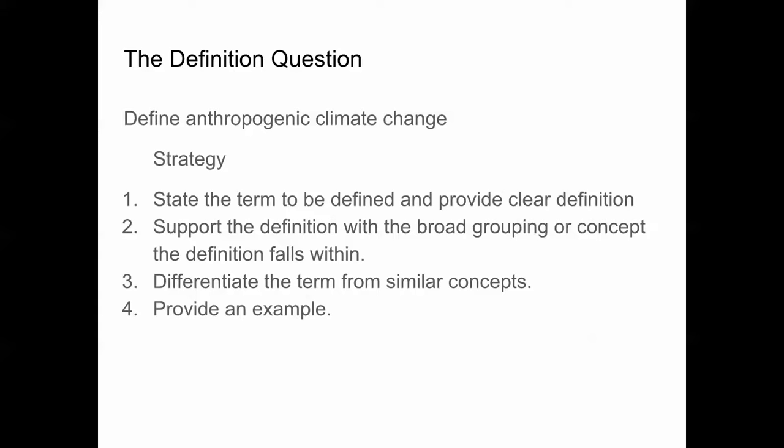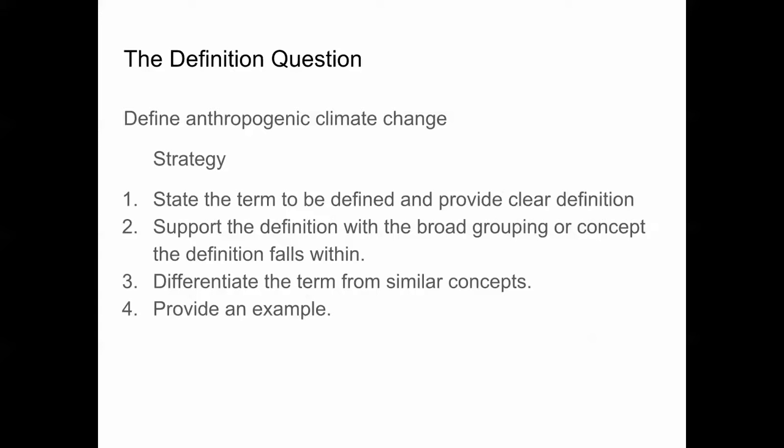What does it mean when we say climate change? In a definition question, the first part of it has to be a series of sentences that clearly define the term. Now, make sure that when you define a term, you are not simply restating the word in a slightly different fashion. To simply say human climate change is insufficient in this case.